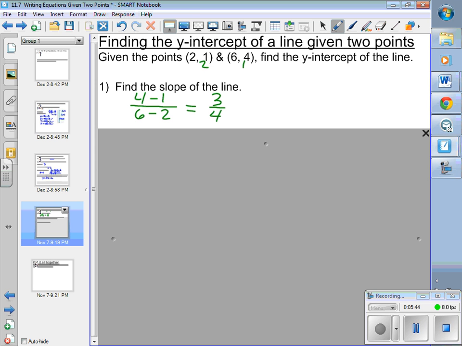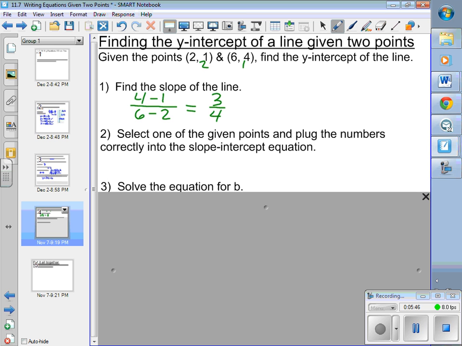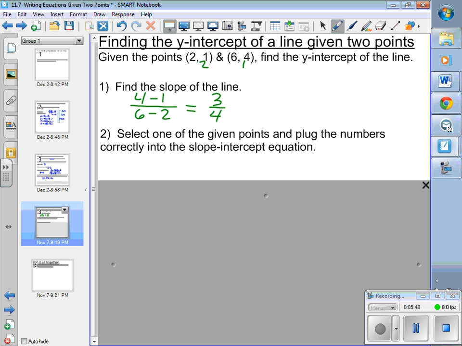Our m is 3/4. Now we're going to select one of our 2 points, and it does not matter which one you're going to choose. Personally, I'm going to choose 2, 1, just because the numbers are smaller and they hopefully will be easier to work with. So we're going to fill in our y equal is 1, and our 3/4 times 2 plus b.